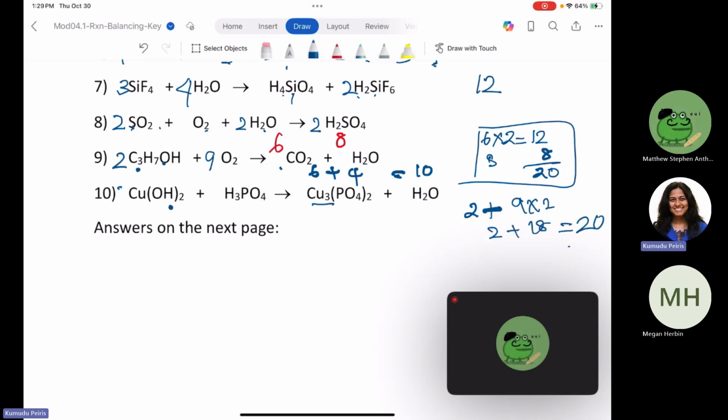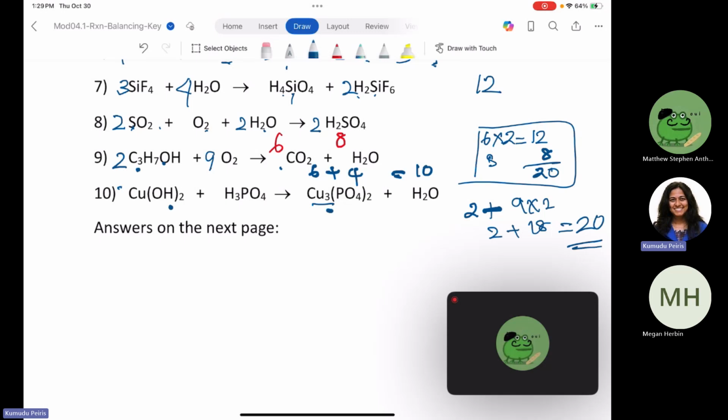So, yeah, then the oxygens will be equal on both sides. Okay. Thank you so much for bringing that up. Any other questions? Okay, we'll move to the next one.